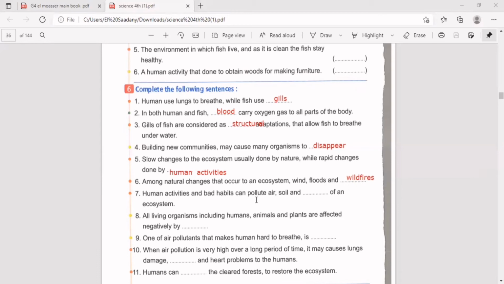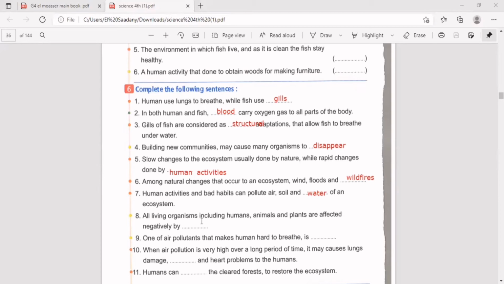Okay, number 7. Human activities and bad habits can pollute the air, soil, and what of an ecosystem? We said we have air pollution, soil pollution, and water pollution. All living organisms, including humans, animals, and plants, are affected negatively by pollution.